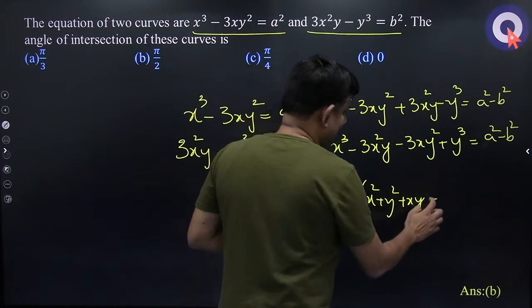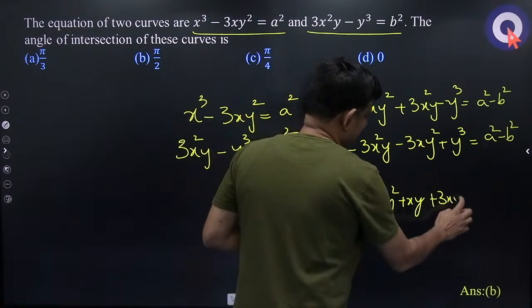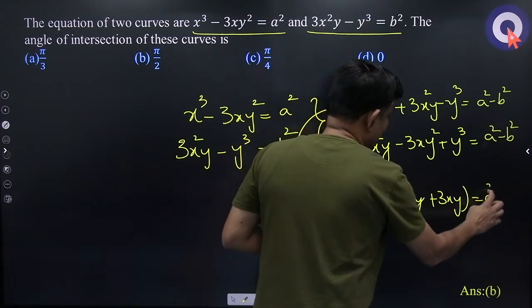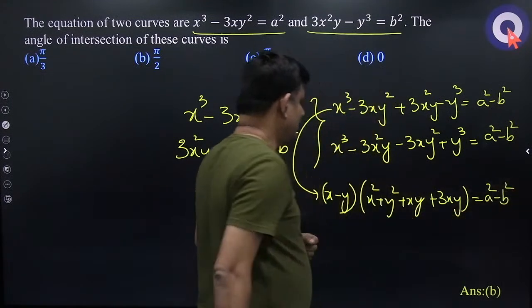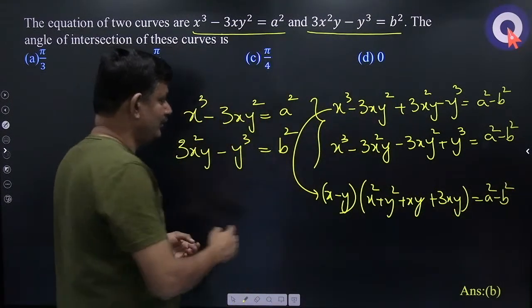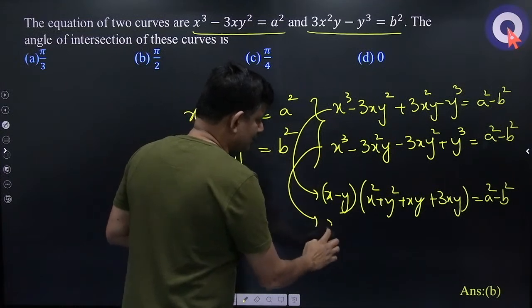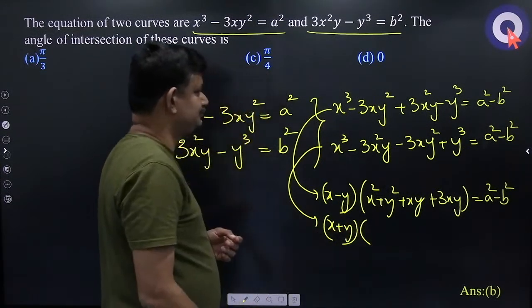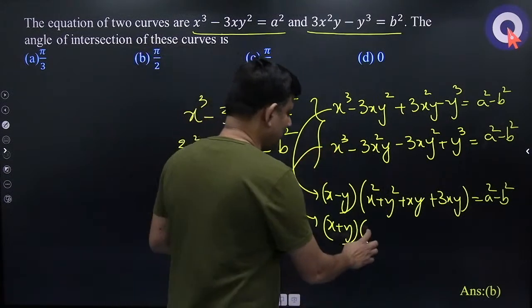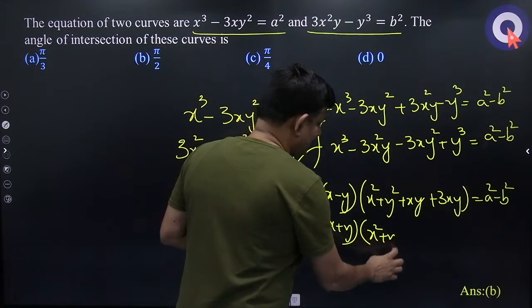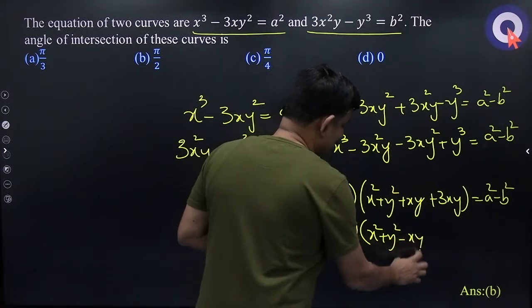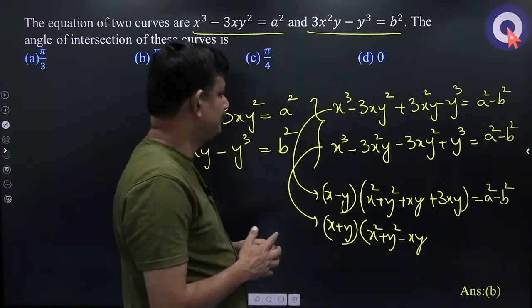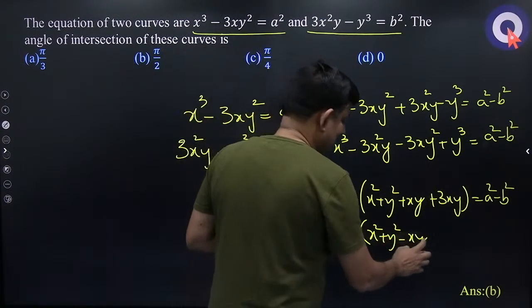So plus 3xy is equal to a square minus b square. Let me observe similarly for the second one. x plus y I can take common, into, what do I have here? x square plus y square minus xy. Then I have minus 3xy.